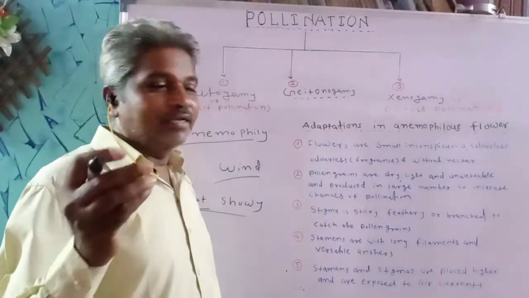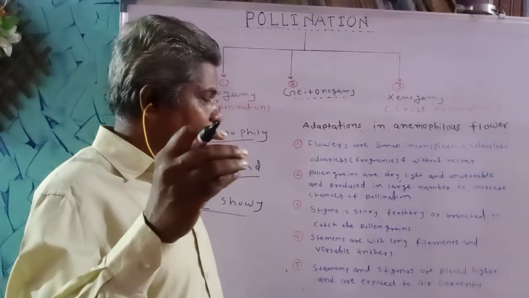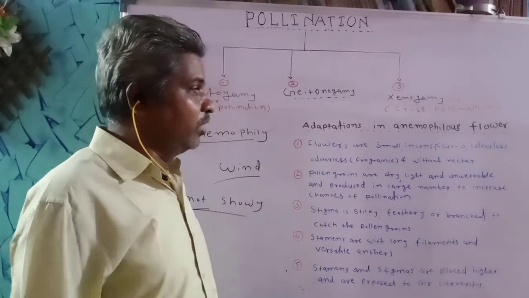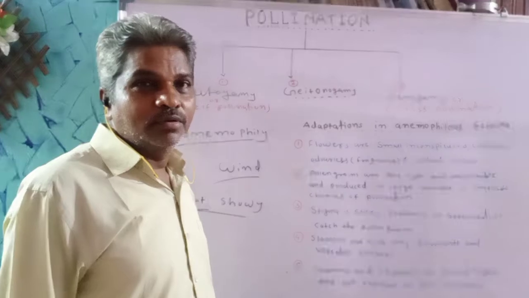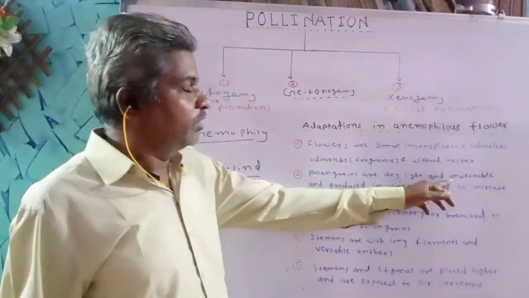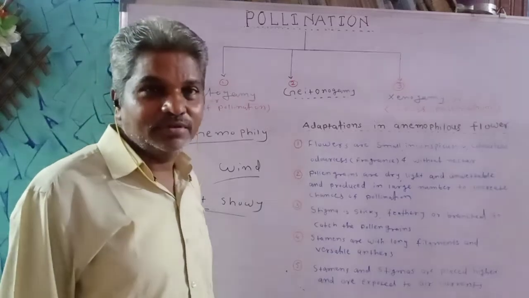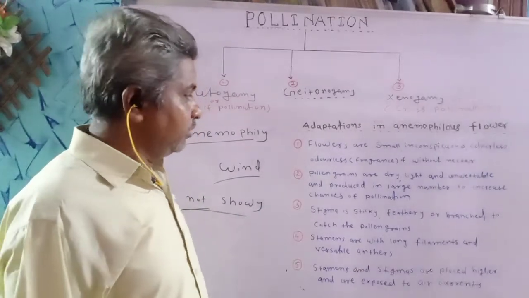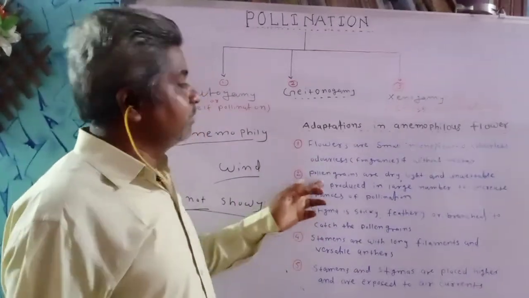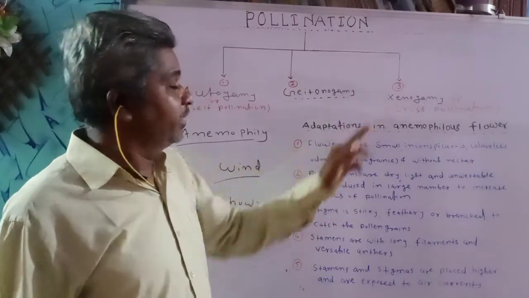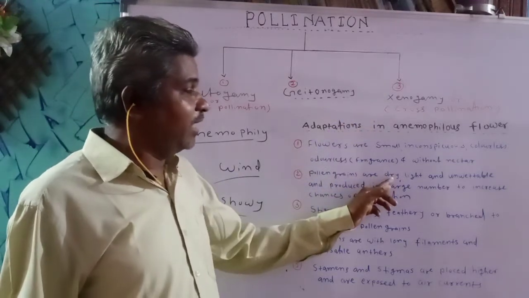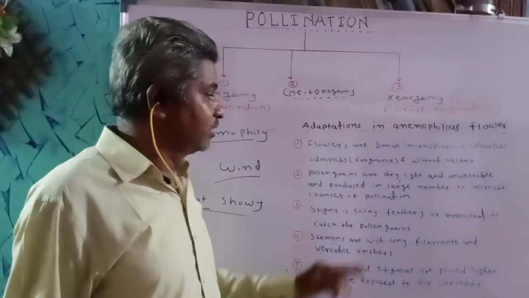In water pollinating varieties, when pollen grains are carried along with the water, they are unwettable. But in wind pollinating varieties, pollen grains are dry, light, and unwettable.